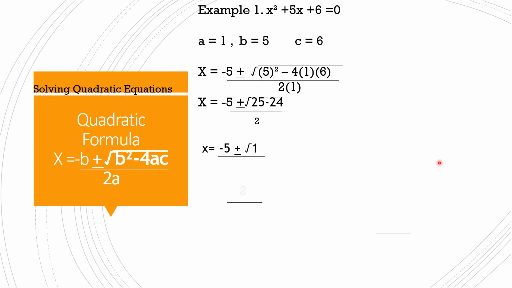So what we have now is negative 5 plus minus square root of 1 over 2. And 1 is a perfect square. And what is the square root of 1? 1. So we have now negative 5 plus and minus 1 over 2. We can now separate this. We have the value of x is equal to negative 5 plus 1 over 2, and then negative 5 minus 1 over 2.